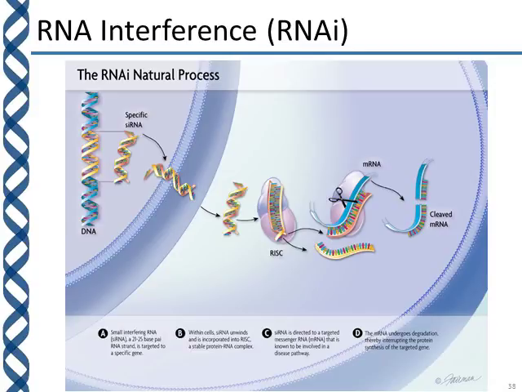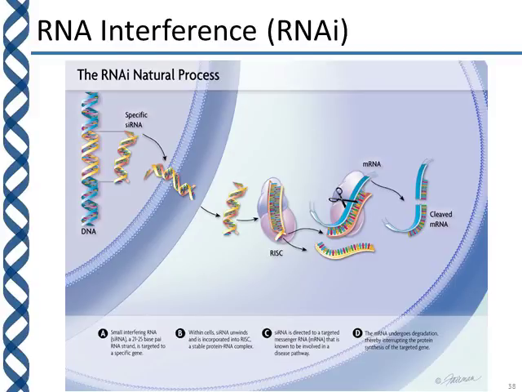Here, we show this diagrammatically. A, the small interfering RNA, a 21 to 25 base pairs RNA strand, is targeted to a specific gene. B, within cells, the siRNA unwinds and is incorporated into the RISC, a stable protein RNA complex.